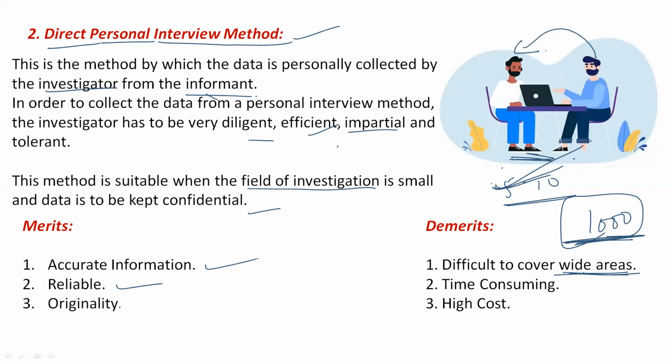Personally, he cannot contact 1,000 persons. It's not impossible, but it is difficult to cover wide areas. It is time consuming, definitely, because the investigator has to communicate personally with each and every informant. That will take a lot of time, and it could be of high cost.